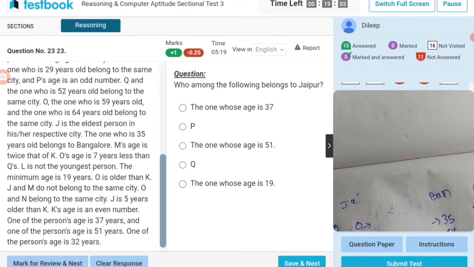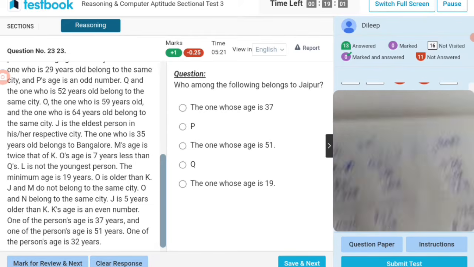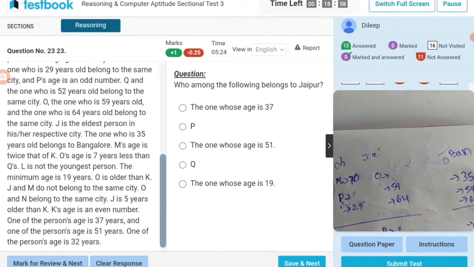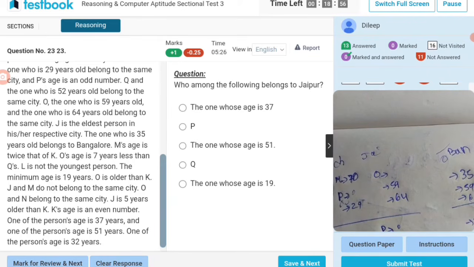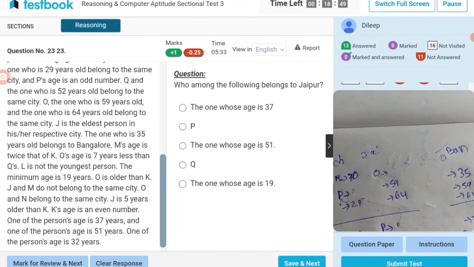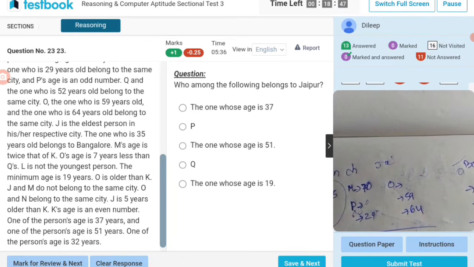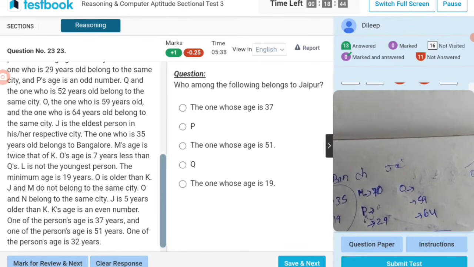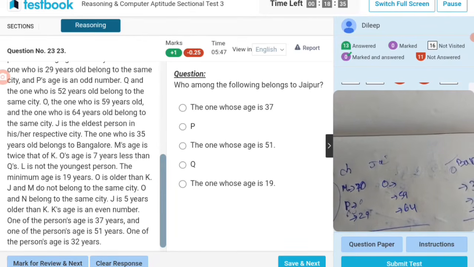O is the eldest person, his or her. G. Next.